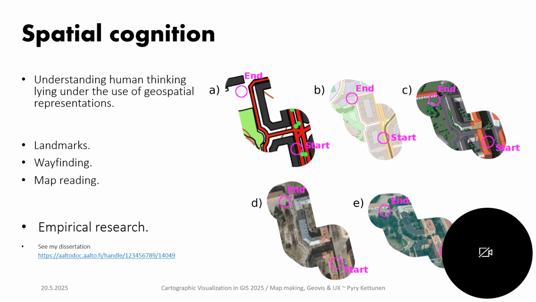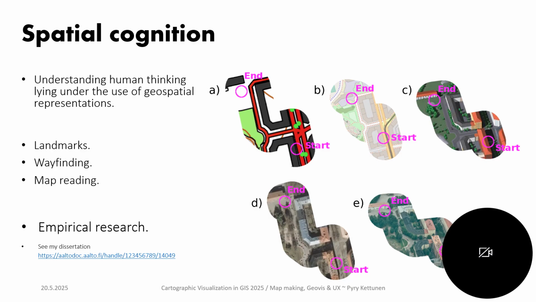For example, in a recent, well, not very recent, but something that we are still analyzing, a study about map reading of different kinds of common map types, including aerial images in this case. So how these are read and understood, and what kind of information people are able to find from these.